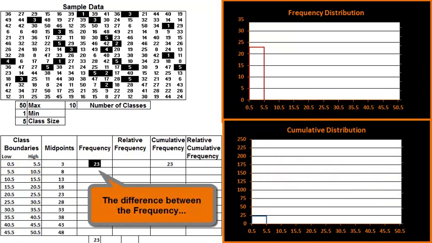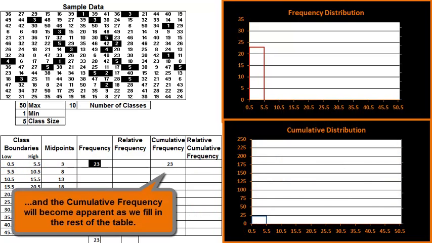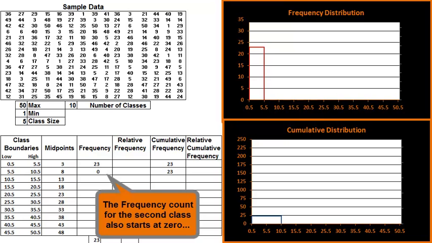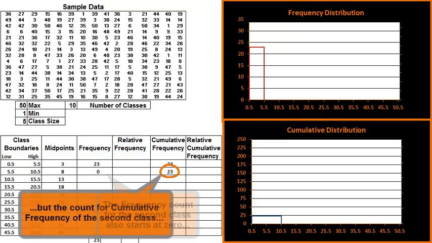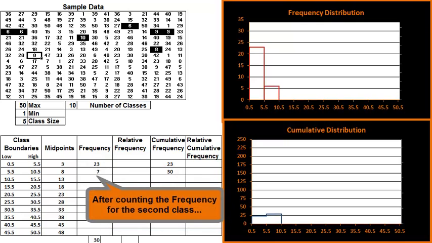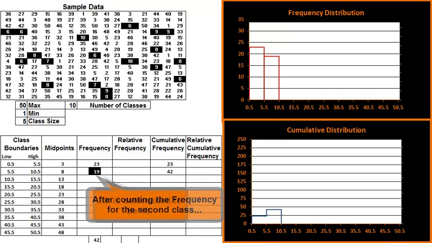The difference between the frequency and the cumulative frequency will become apparent as we fill in the rest of the table. The frequency count for the second class also starts at 0, but the count for the cumulative frequency of the second class starts at the count for the frequency of the first class. After counting the frequency for the second class, it is determined to be 19.